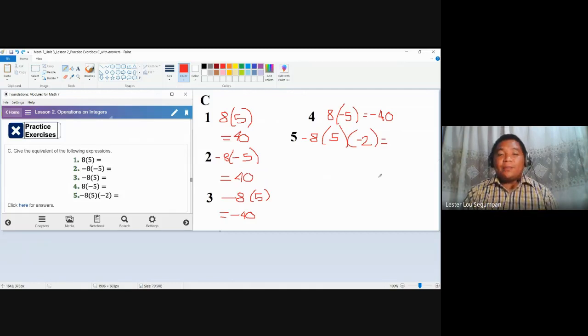Two, the product of two numbers with different signs will result in a negative sign. The rule of signs is actually applicable for two numbers only. I mean, not only two now, specific for two numbers. It's still applicable for more than two numbers, but it really holds for two numbers.